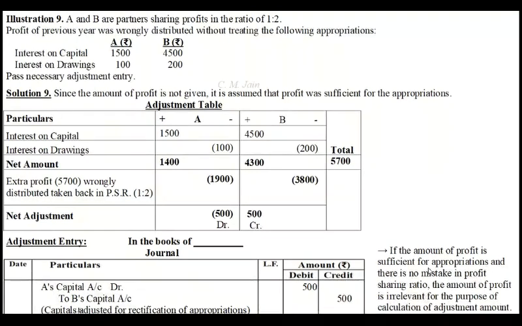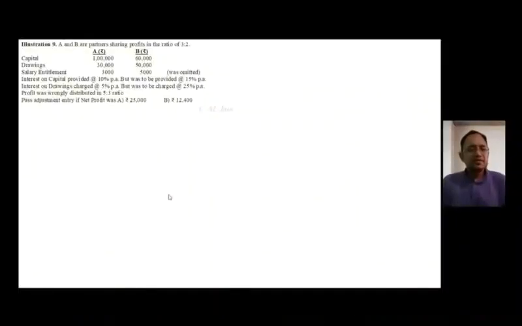Now let's do another illustration of past adjustments. Let us understand the concept of past adjustments with the help of this illustration. Write down this question. A and B are partners sharing profits in the ratio of 3:2. Capitals: A rupees 1 lakh, B rupees 60,000.